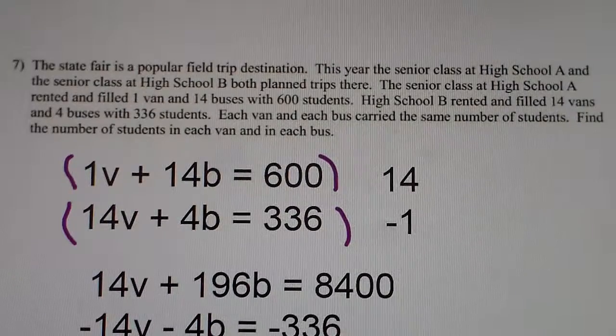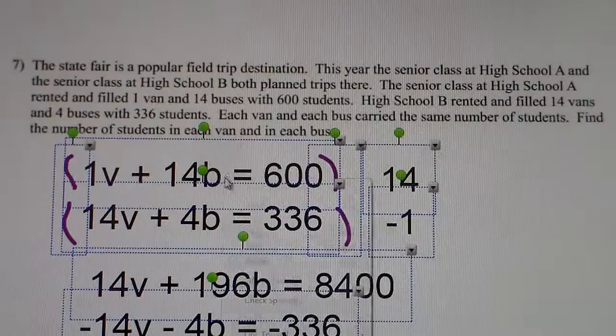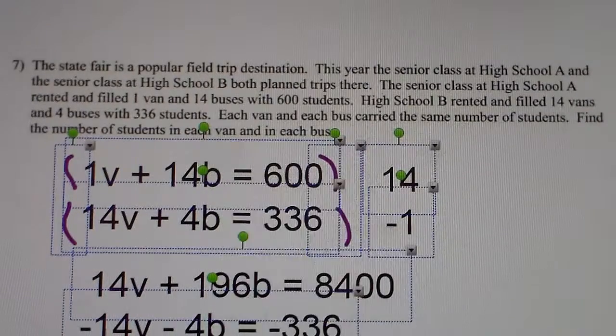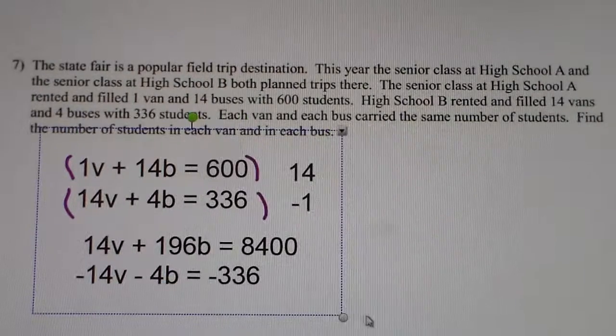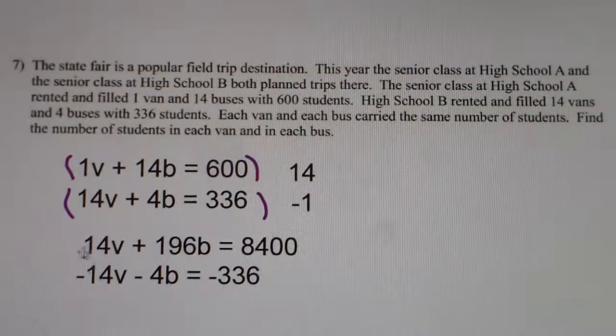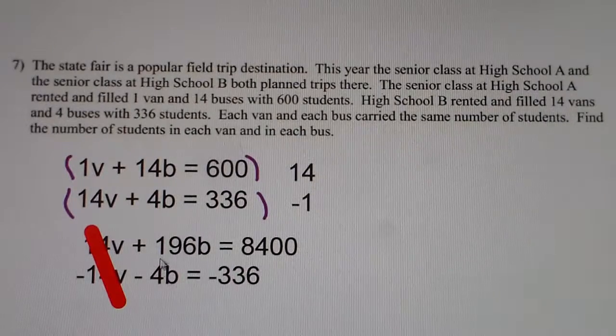The v's are going to cancel out. So that's exactly what we're going to do. Now we're going to solve for b. So 196 minus 4 gets you 192.